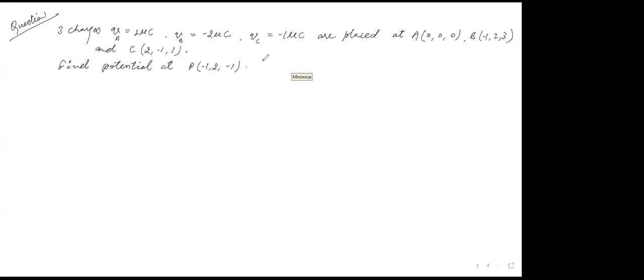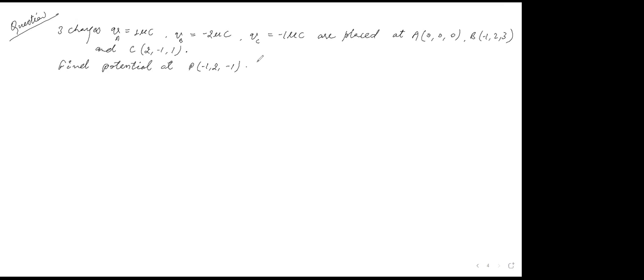Which concept, which equation is applicable here? One by 4 pi epsilon 0 Q1 by R10 plus Q2 by... No, I mean you mean potential in terms of position vector, right? Yes. Equation of potential in terms of position vector, all right?